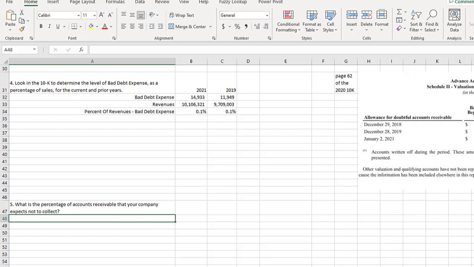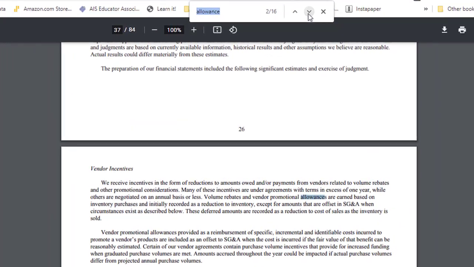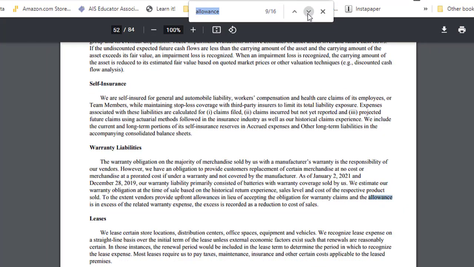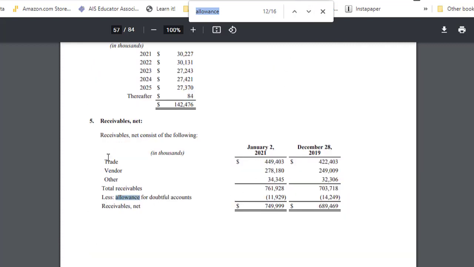Let's go back there. I'm just going to arrow down on my allowance until I find it. There, nope, that's not it. Sorry. There it is. I need this schedule because this gives me total receivables and then gives me the allowance for doubtful accounts. So I'm going to go ahead and snag this.